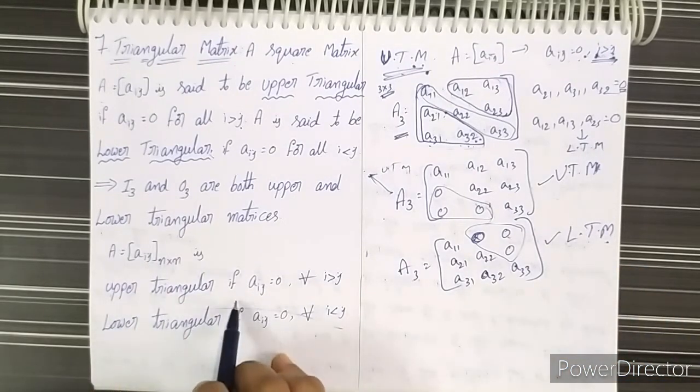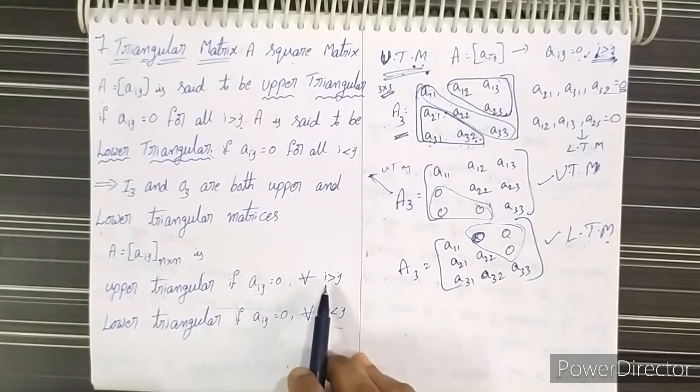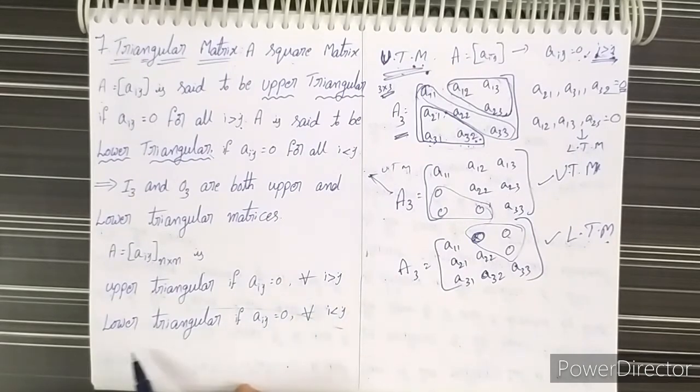That means upper triangular means aij is equal to 0 if i greater than j, and lower triangular means aij is equal to 0 for all i less than j.